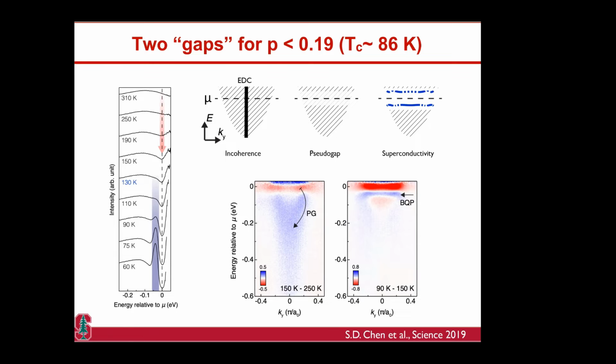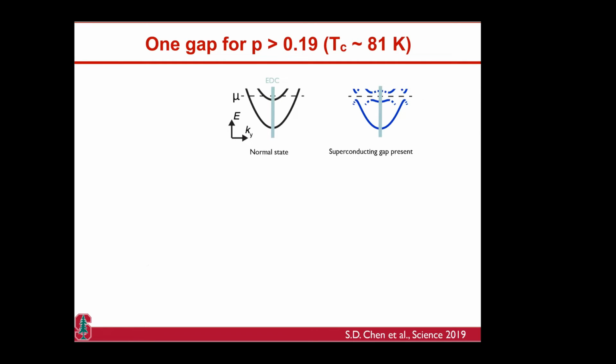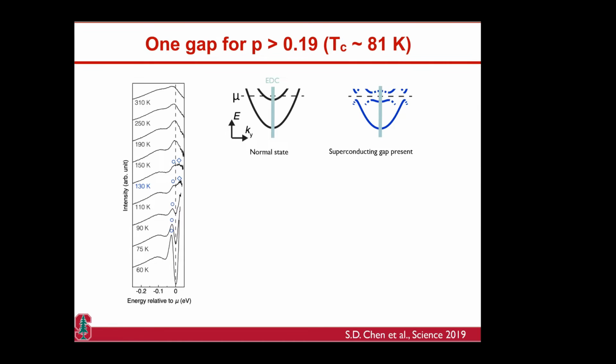This kind of high energy spectral weight transfer is not there in the overdoped regime. As I said, this does not open up any gap. It just develops a single peak that splits into two.